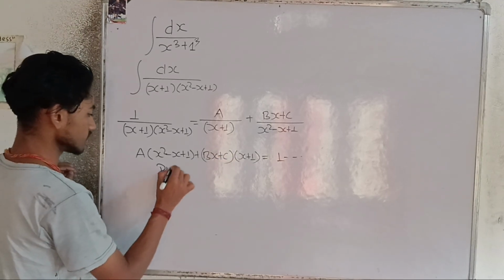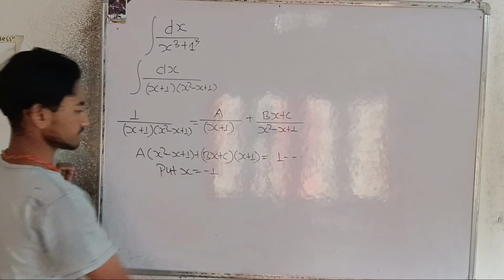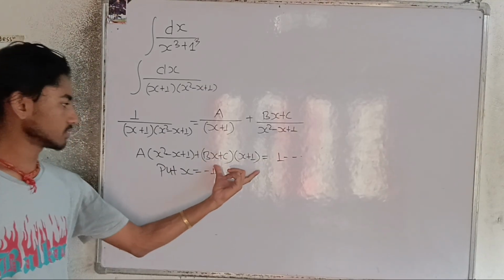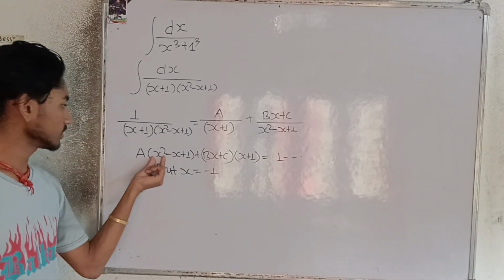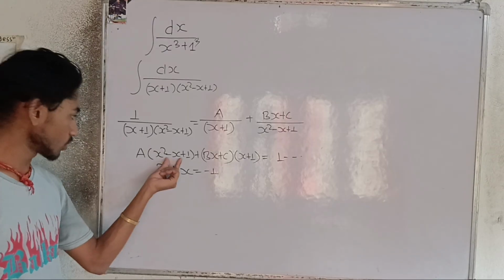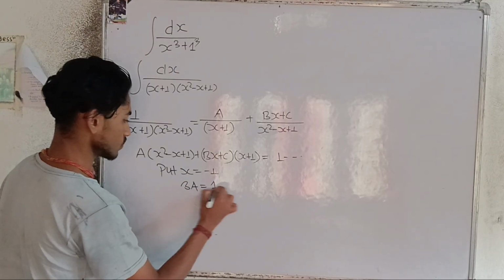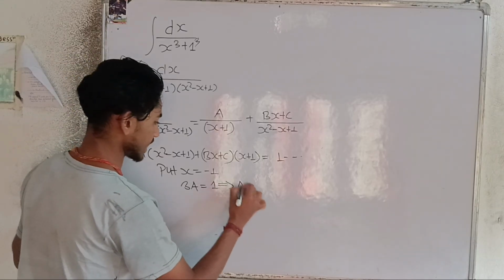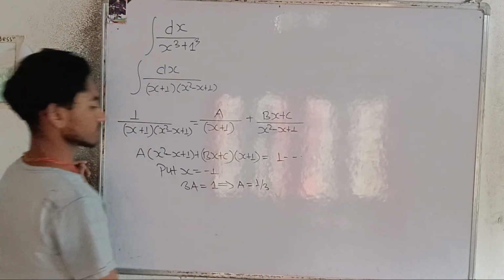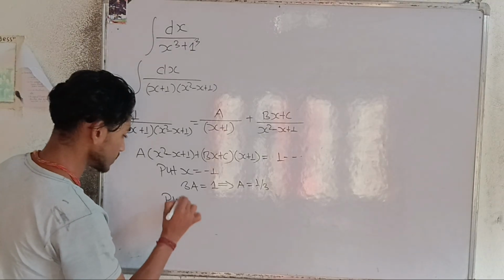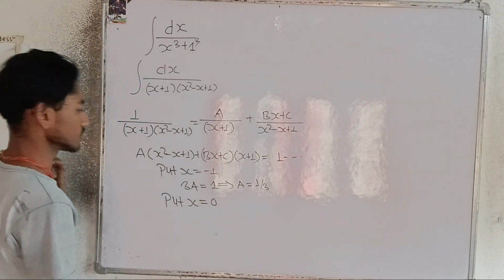So I'm going to substitute x as minus 1. If I substitute minus 1 here, this whole term becomes 0 and this term becomes 1, and minus and minus makes it positive, and it is 3a equals 1, and we simply get a is 1 over 3. Okay, so now put x as 0.